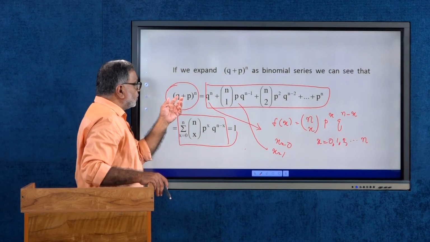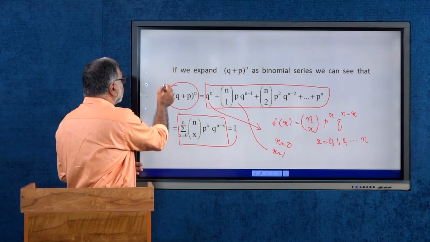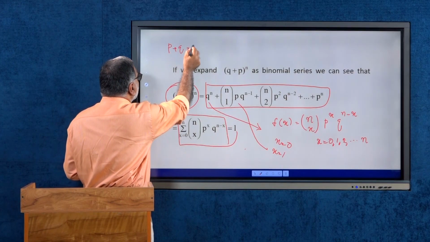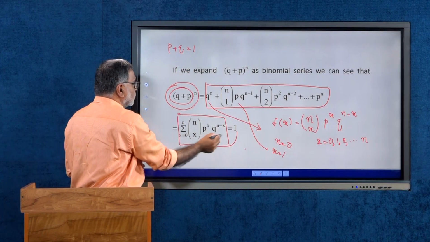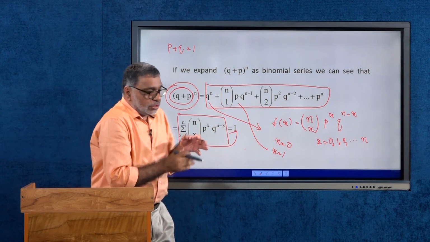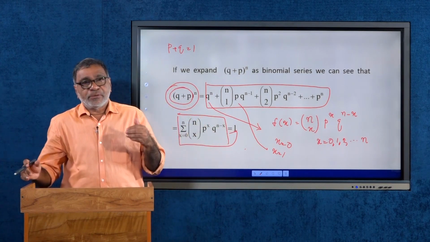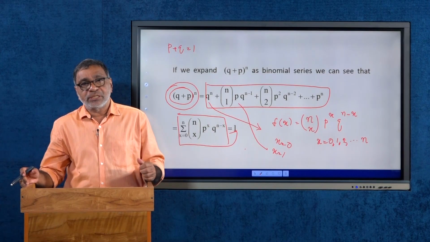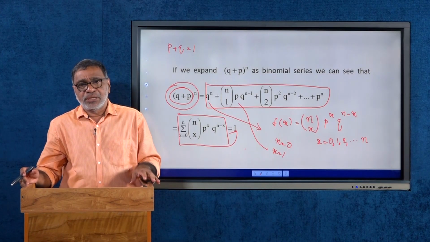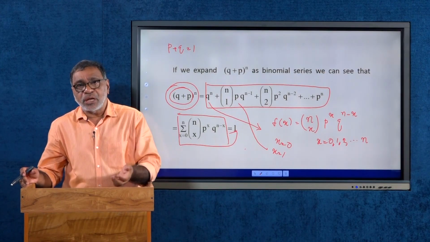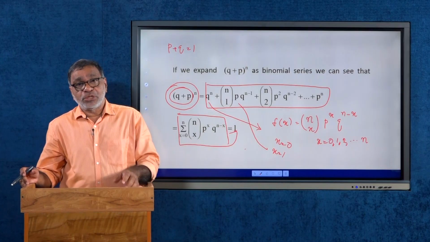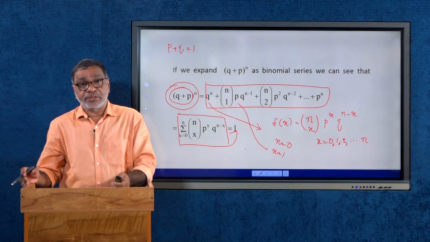Or you can see that q + p is equal to 1, since p + q = 1, so it is 1^n, which is 1. So sigma over x from 0 to n of nCx p^x q^(n-x) is equal to 1. That concept we will use in order to derive the expectation of the binomial distribution in the next session.